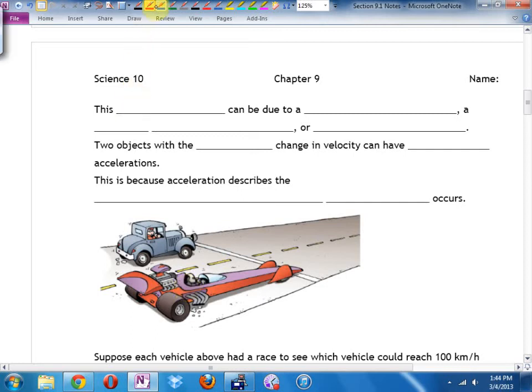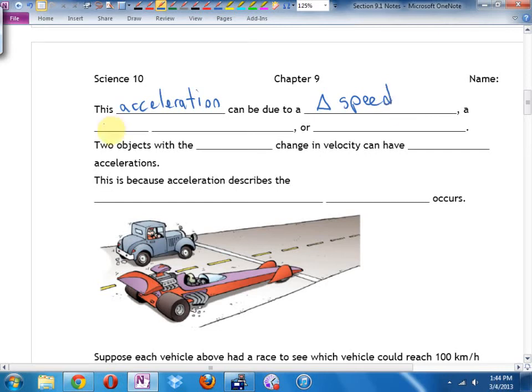Acceleration can be due to a, what's that a symbol for? Change in speed.